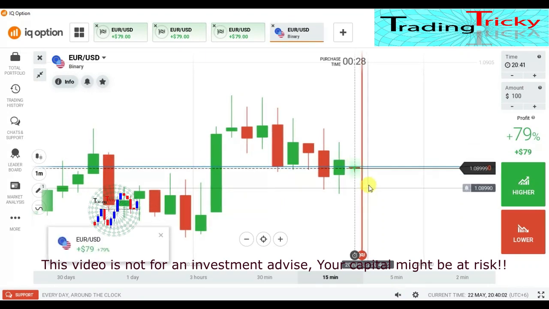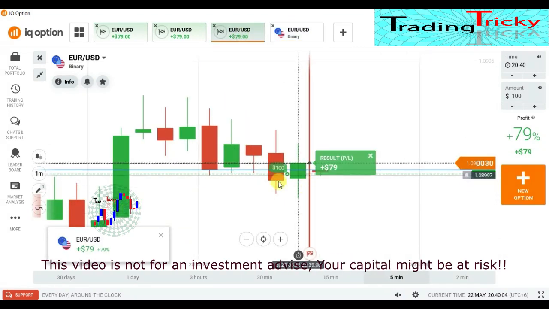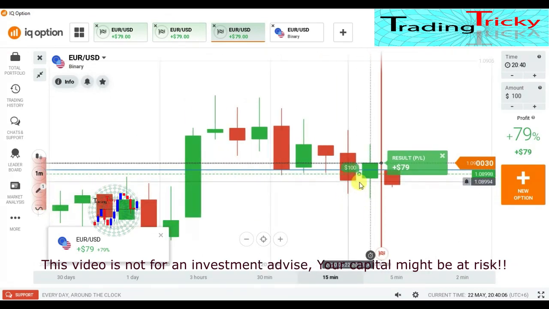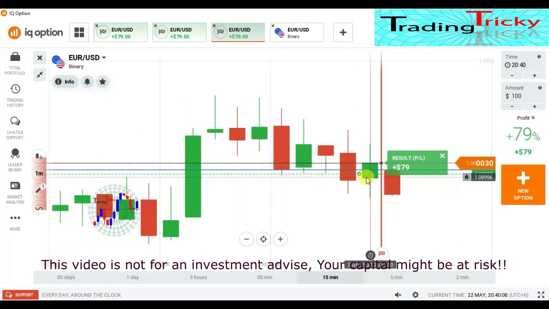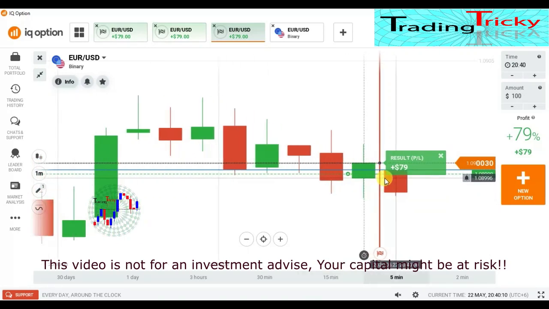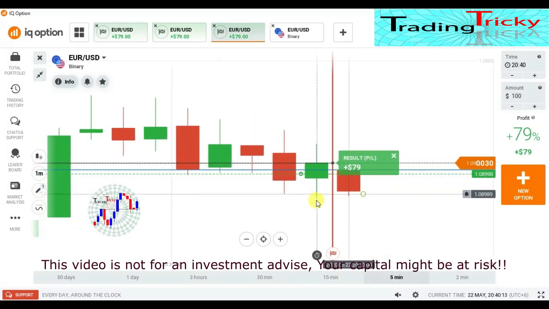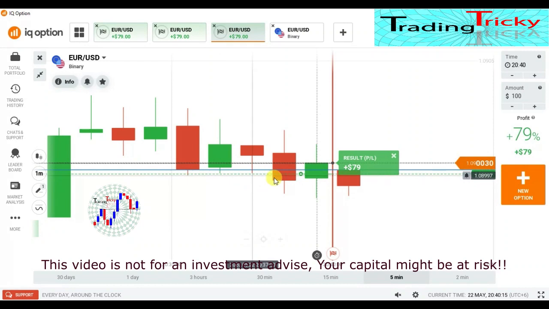Okay, this is my luck. I have won this trade too, but in this situation don't place a trade. Better to skip in this situation, or always place a lower option. Otherwise, when the candle breaks this level, always follow sellers, not buyers.